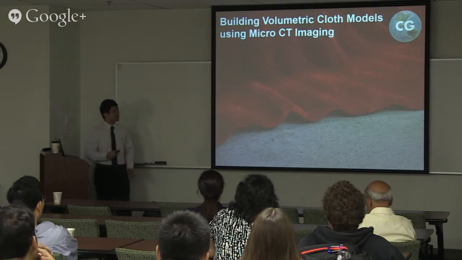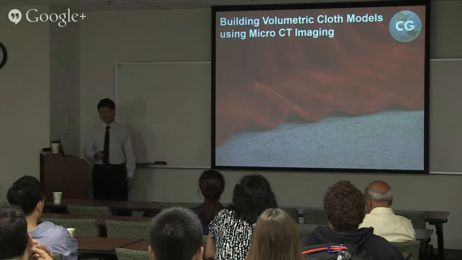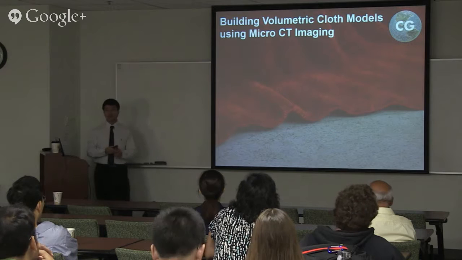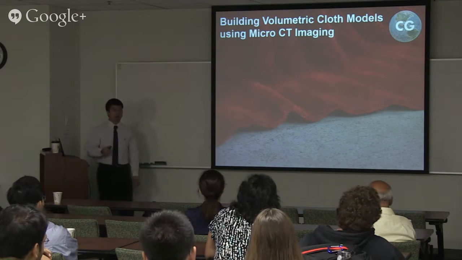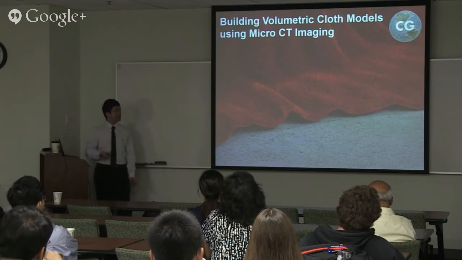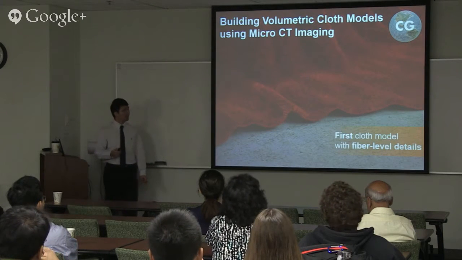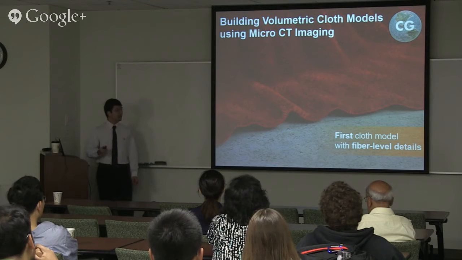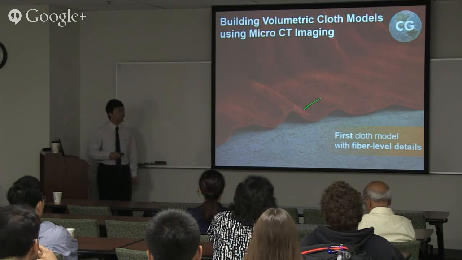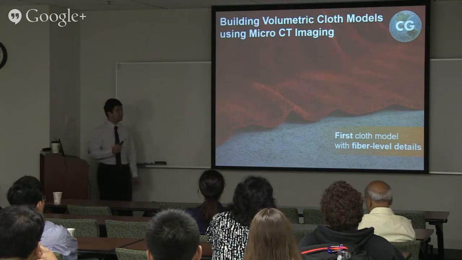So we developed a new technique to model fabric appearance. Our technique not only has the generality to handle a wide variety of fabrics, but also brings the quality of computer-generated fabrics to the whole next level. In fact, this is the first model that offers fiber-level details. As you can see here, each individual fiber is visible.